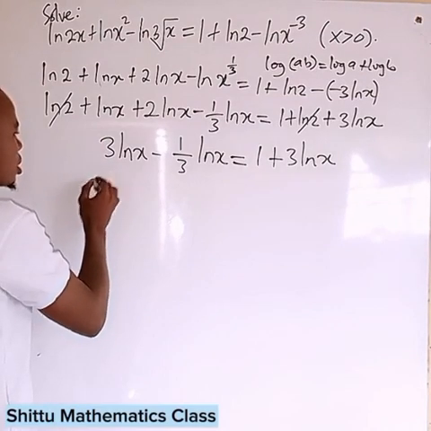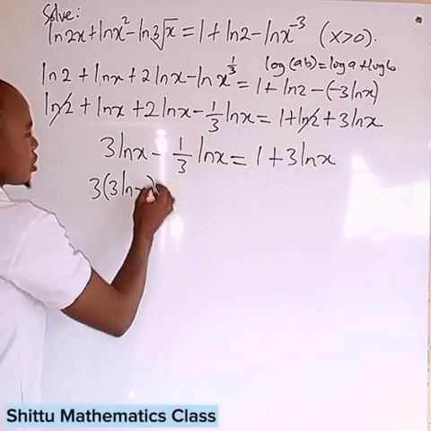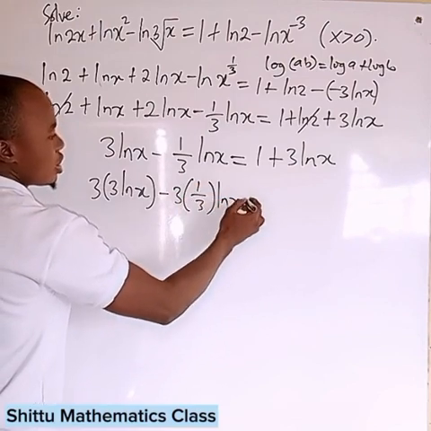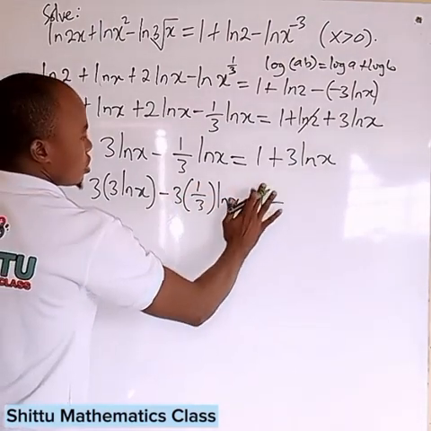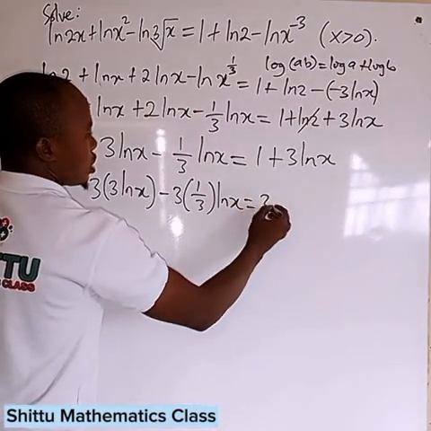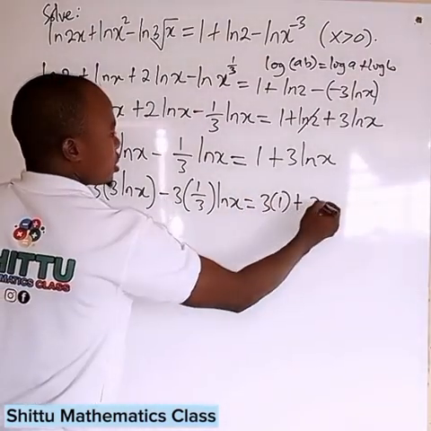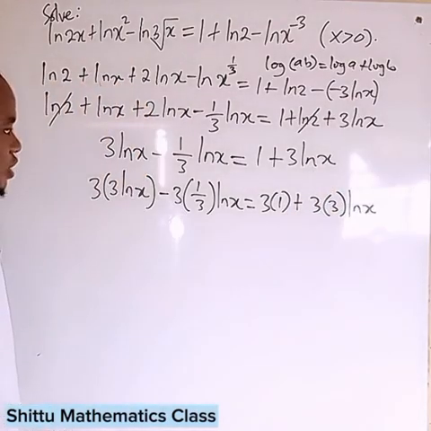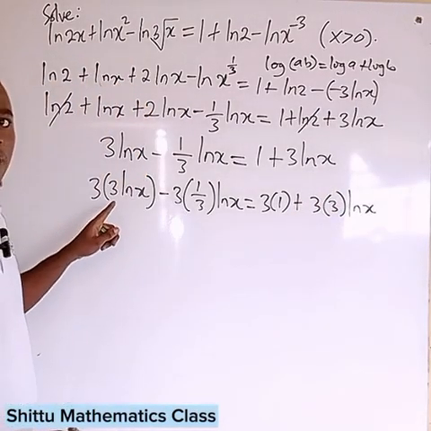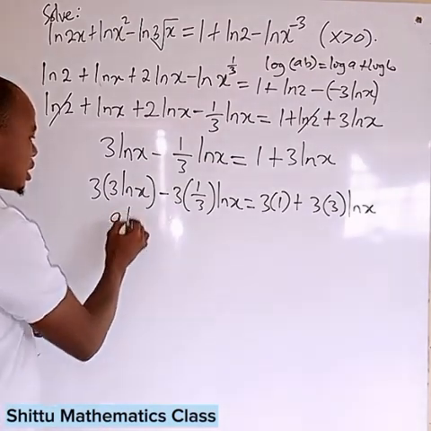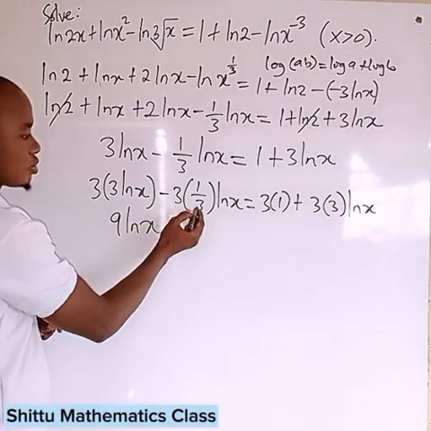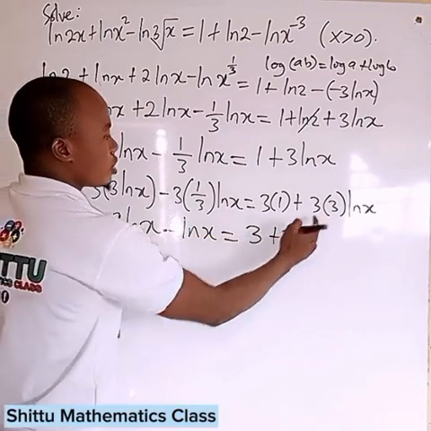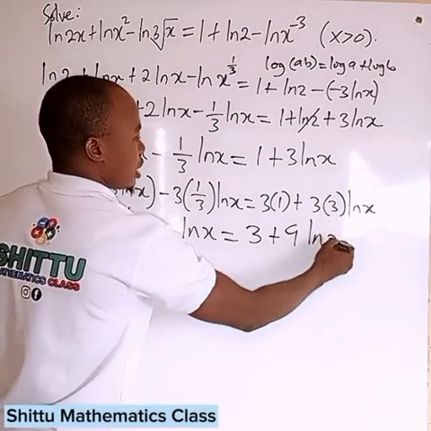So this is going to be 3 times 3 ln x, minus 3 into 1 over 3 ln x, equals 3 multiplied by 1 plus 3 times 3 ln x. So from there, 3 times 3, I have 9 ln x. This we cancel, I have minus ln x equals 3 plus 9 ln x.